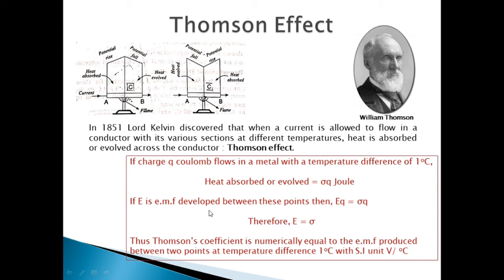If E is the EMF developed due to this charge accumulation, then EQ is equal to sigma Q. Therefore, E is equal to sigma. Thus, the Thomson coefficient is defined as the EMF produced between two points at a temperature difference of 1 degree Celsius, with SI unit volt per degree Celsius.